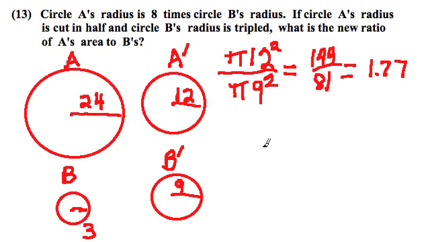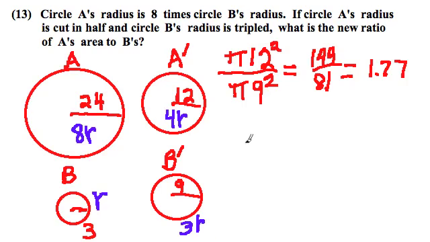Okay, and why does it work? Well, let's say whatever you chose for B's radius, r, then this would be 8r. And if A's radius is cut in half, this would be 4r. And if this is tripled, this would be 3r.